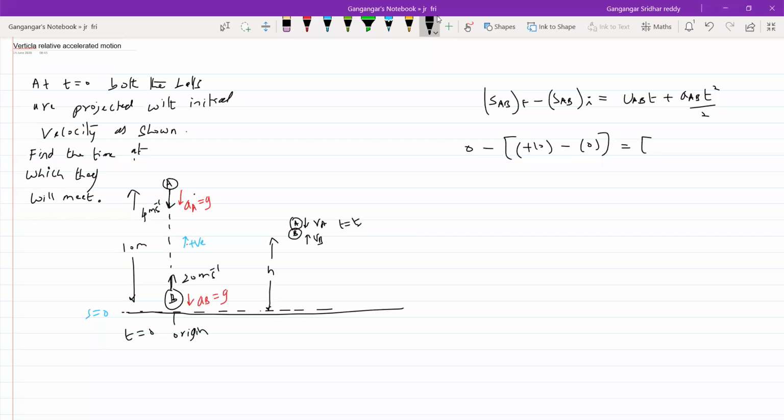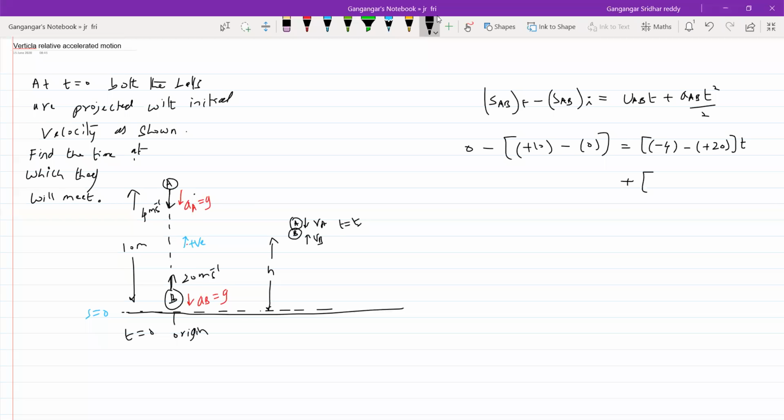The initial velocity of ball A is downward, so this will be minus 4, and this will be plus 20. Are you seeing the convention? I think it's all about the conventions, how you substitute things with the sign in the formula. You should have patience. Nothing big.